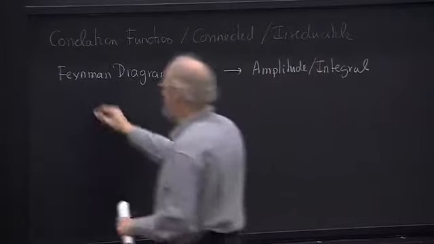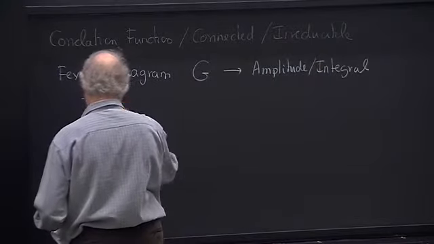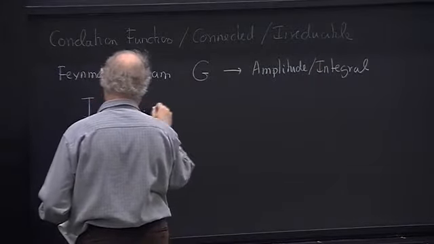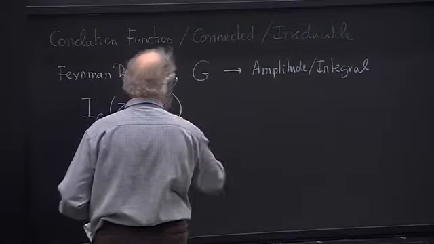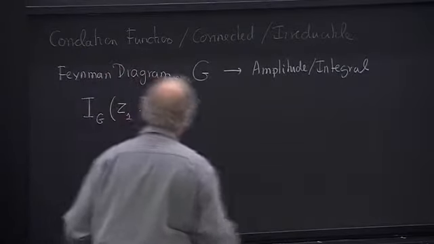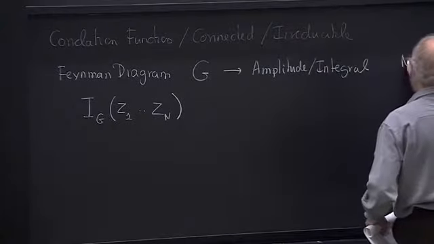So I'm going to denote it I of G. So I of G depends on its n external vertices.